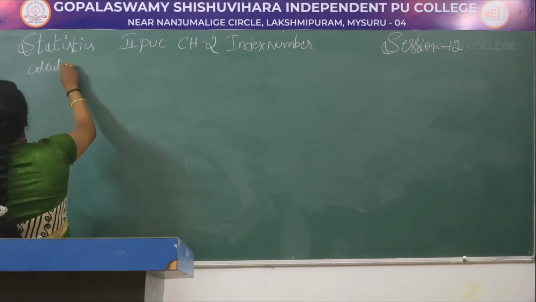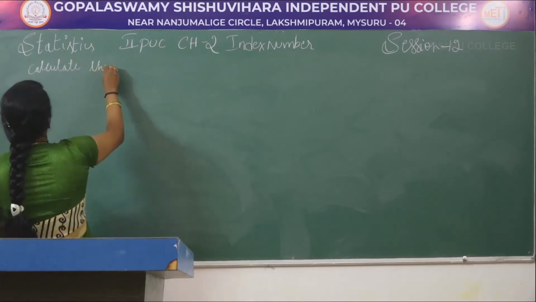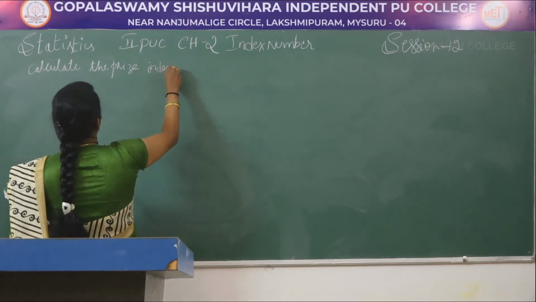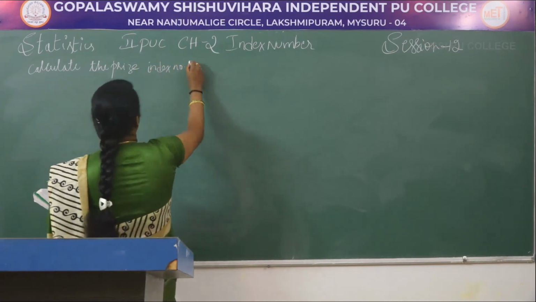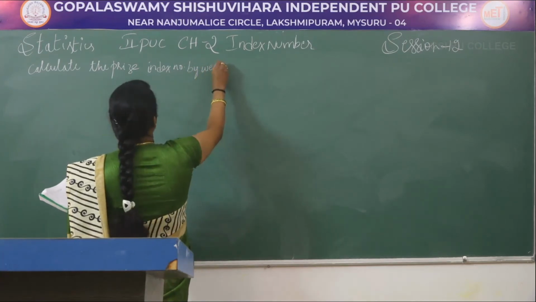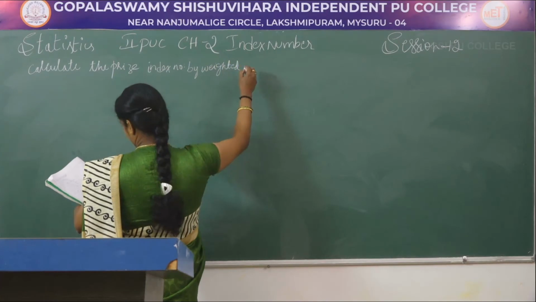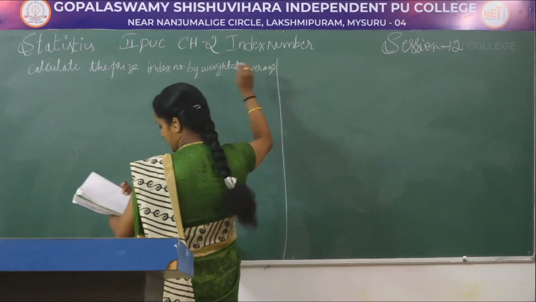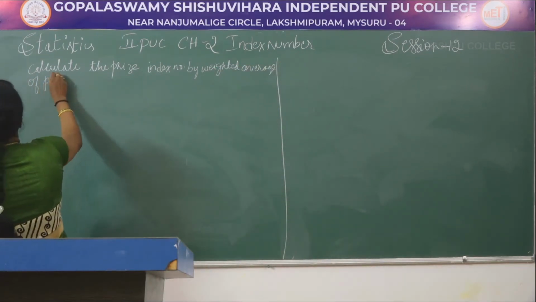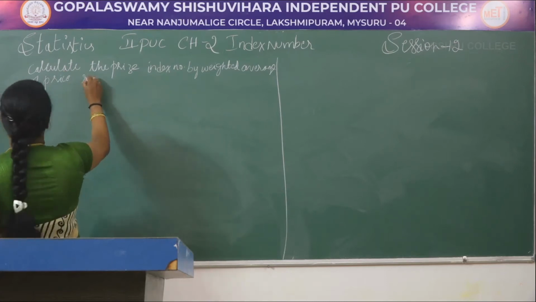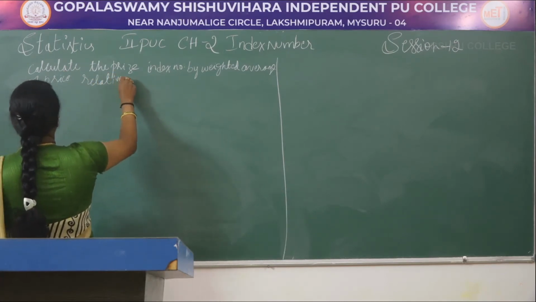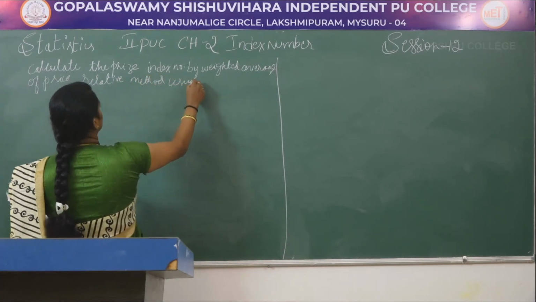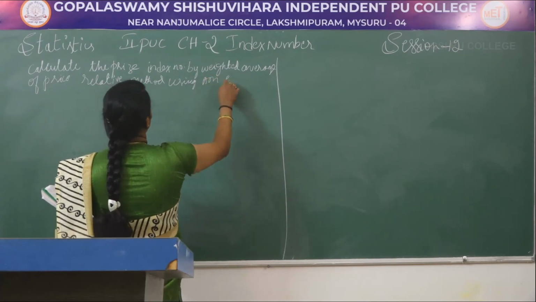Calculate the price index number by the weighted average of price relative method using AM and GM.